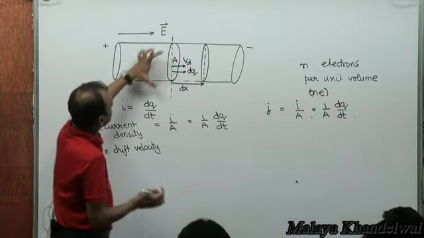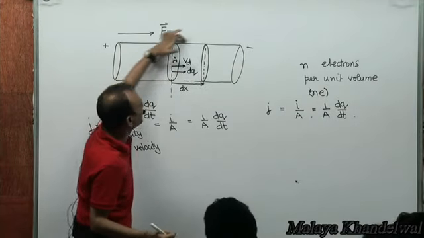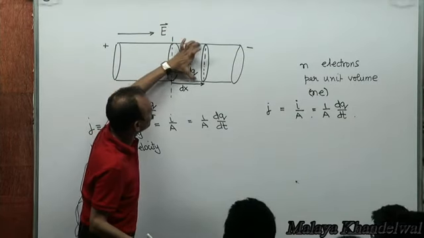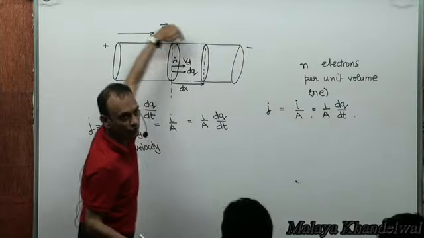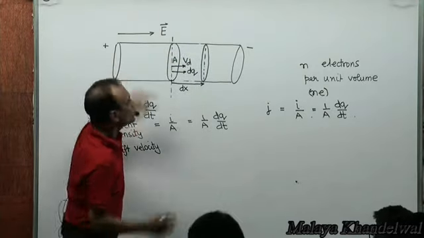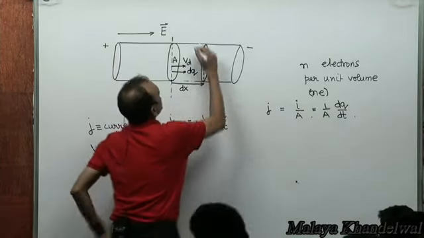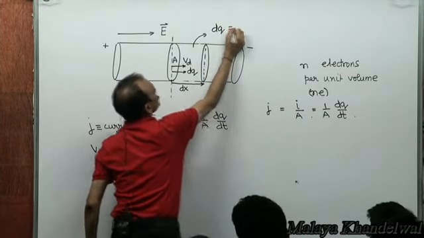And all the charge that would have flowed out of this cross section in a small time dt over a length dx would have occupied this volume, yes or no? So that charge dq would have been contained in this volume.